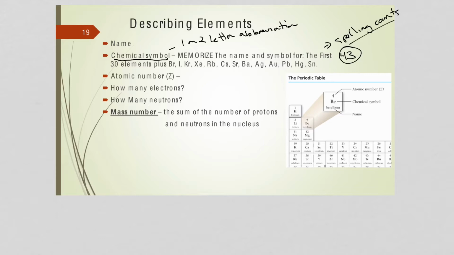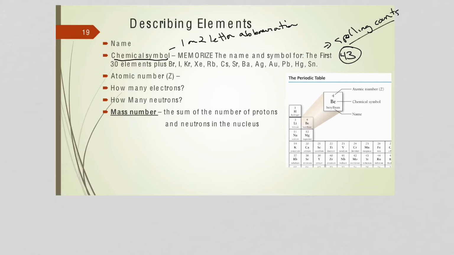So we don't ever want to write something like AU, as capital A, capital U. We have first letter capitalized, second letter not capitalized. Typically, when we write the names of elements, they are not capitalized when we're using them in a sentence. Okay, so we have the name and the chemical symbol and what we need to know about those.